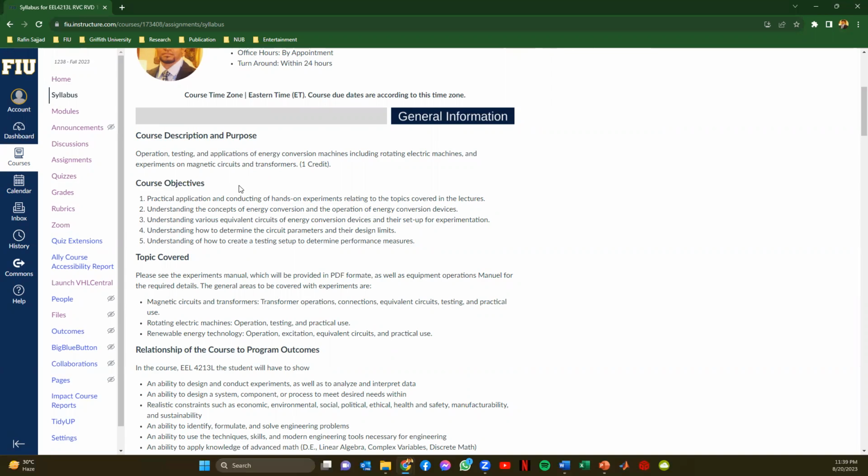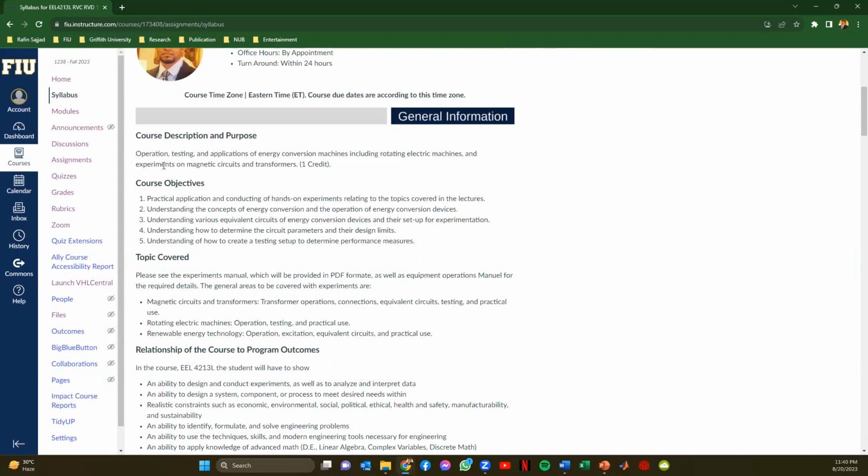This lab and that course are designed in such a way that one of the lectures given for Power System 1 will be directly linked with this one. No matter what you learn there, you will see its practical application here.